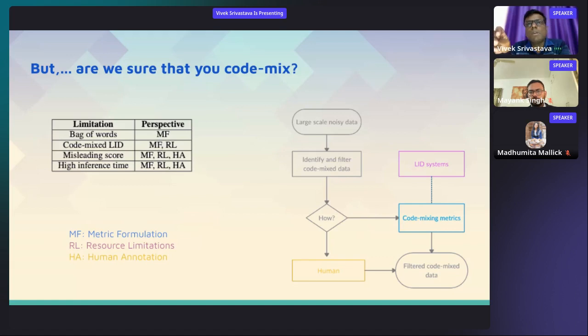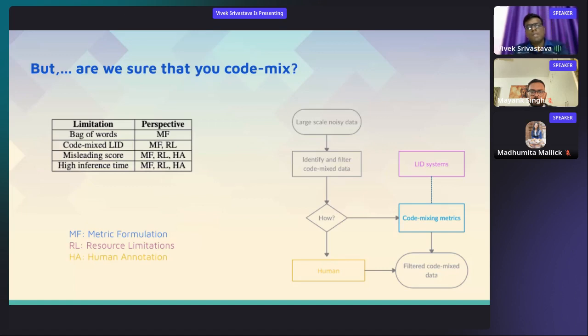So even if you pick any state of the art multilingual solution for language identification, you won't get very good results. And specific to code mix, I don't think there is anything which is currently that great that you can totally rely on that system to do the language identification.